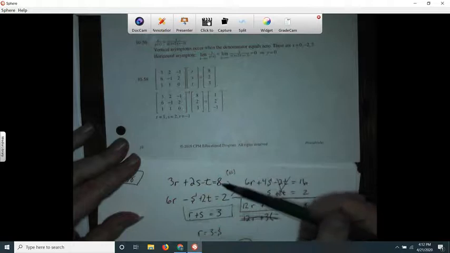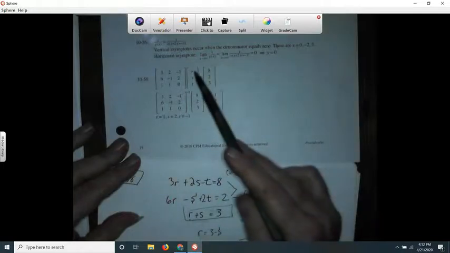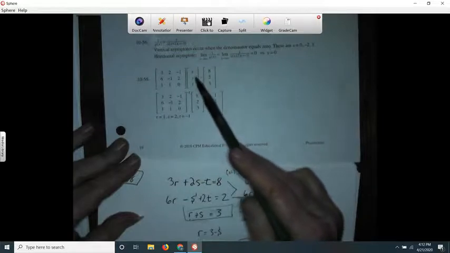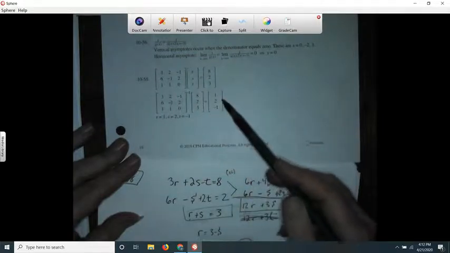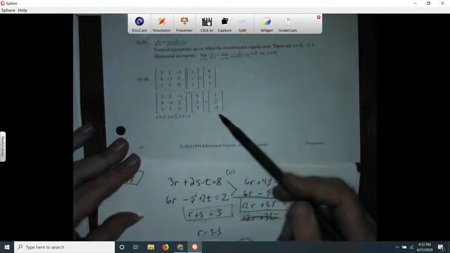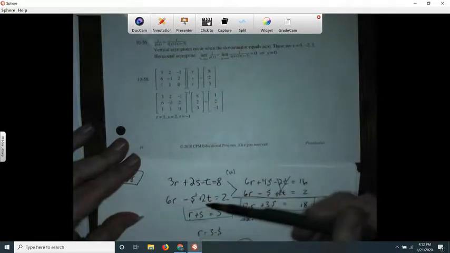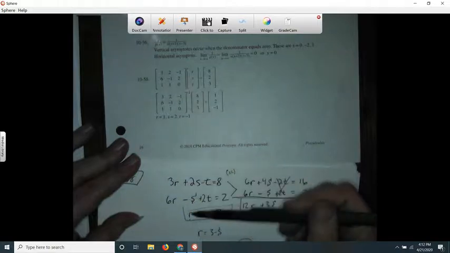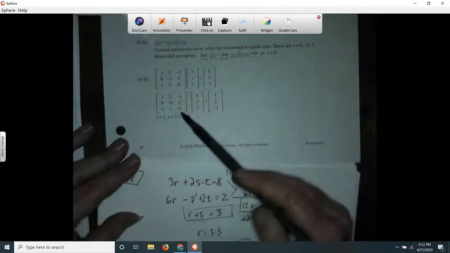And then this thing is 8. And these are R's. Well, RST, here's your three solutions right here. But these are just the coefficients, like 6, negative 1, 2, see? And then 1, 1, 0.